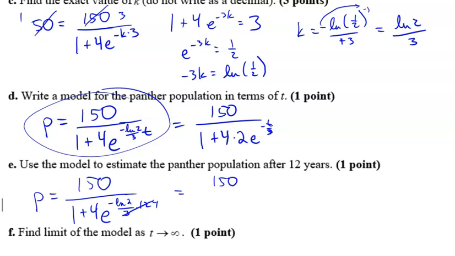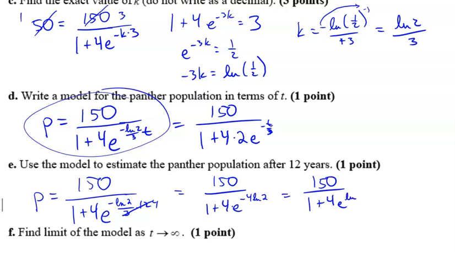So we have 150 over 1 plus 4 times e to the negative natural log. No, I'm going to keep the negative with the 4. So it's now negative 4 natural log of 2. You can do this in one step. You don't have to write out 2 extra steps. I'm just doing the arithmetic part.